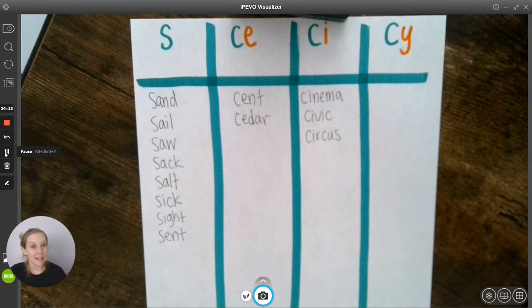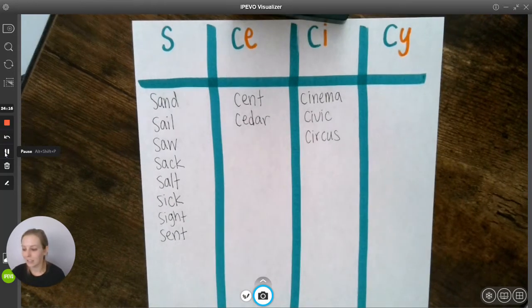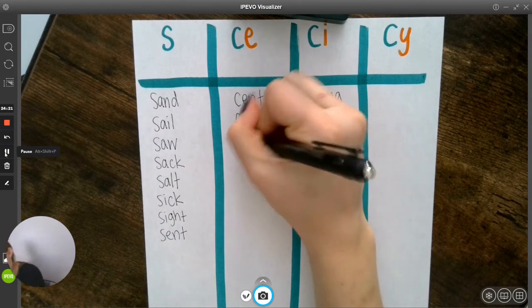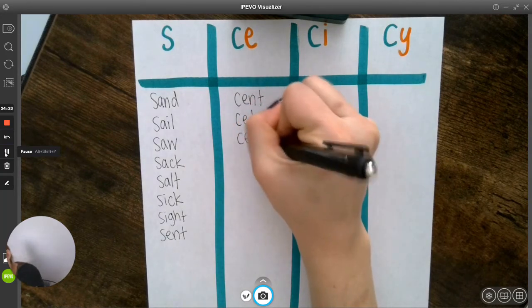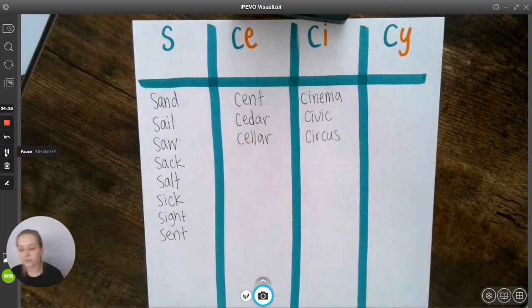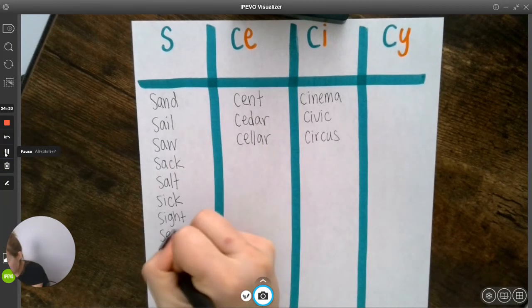And cellar. This is like a basement, a cellar, where you keep things. That's spelled C-E. And the last one, second. How do I spell second? With an S. Very good.